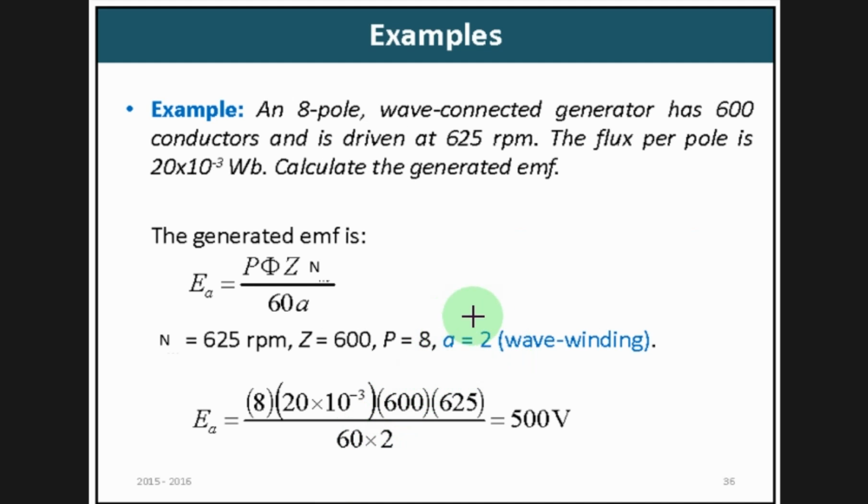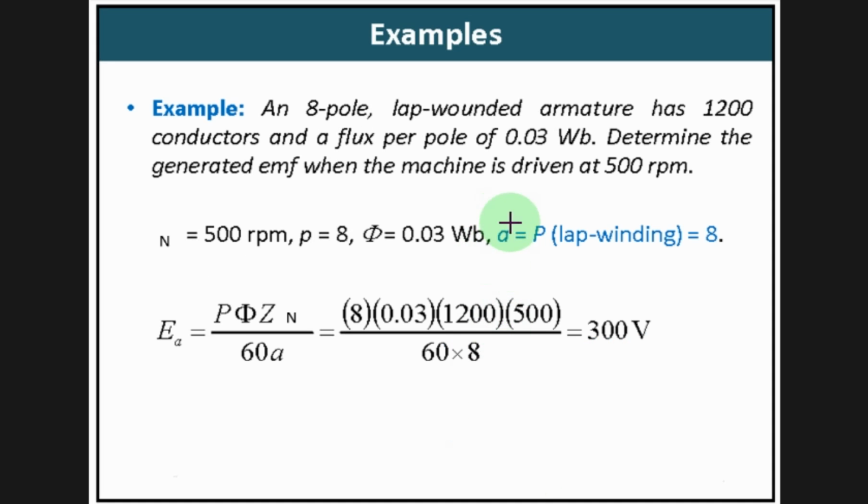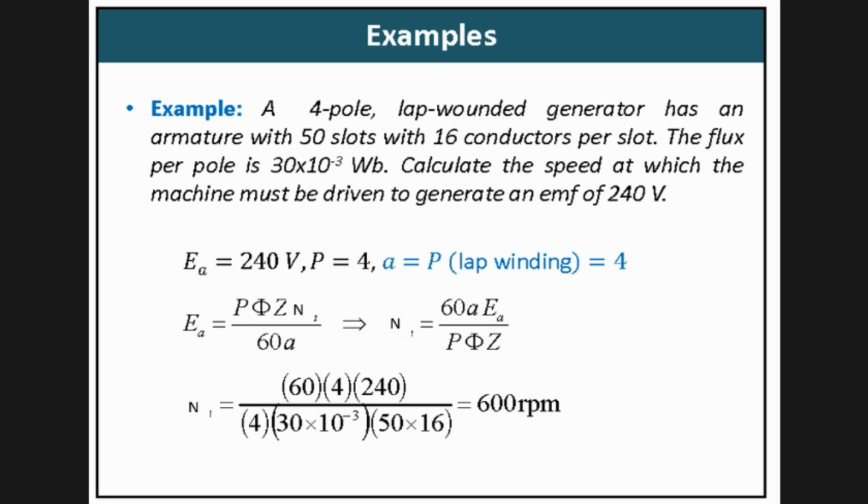Parallel paths will always be 2, but for lap winding, the number of parallel paths is equal to the number of poles. So if you know that and this equation, then you can easily calculate or find the answers for these questions.